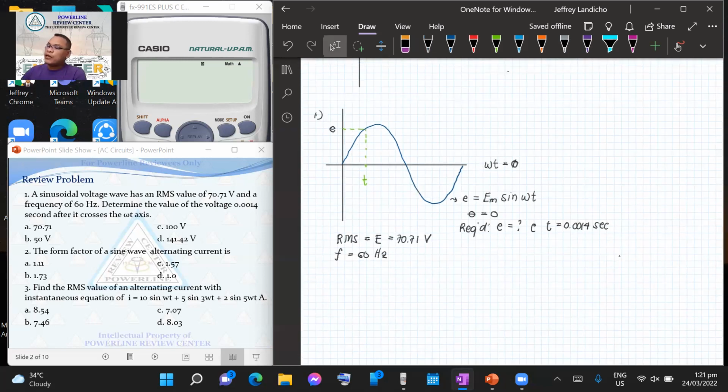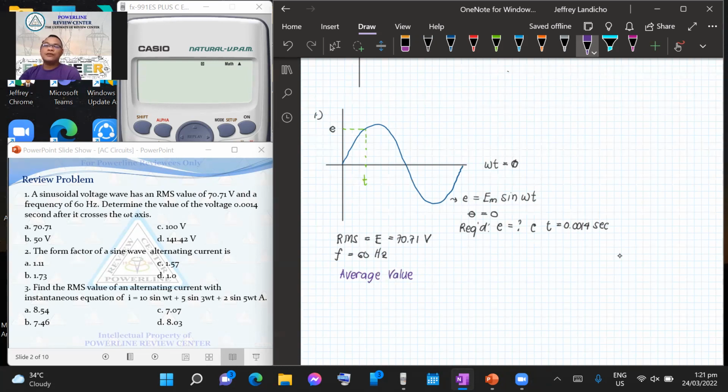So for alternating quantity, we have different values to be considered. So meron tayo, unahin natin yung average value. So sino ba si average value? Kung ang kailangan natin is the flow of electrons, the average flow of electrons, usually the quantity to be considered for your alternating quantity is the average value.